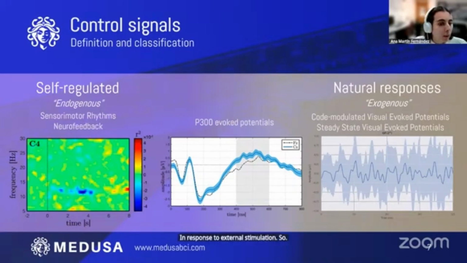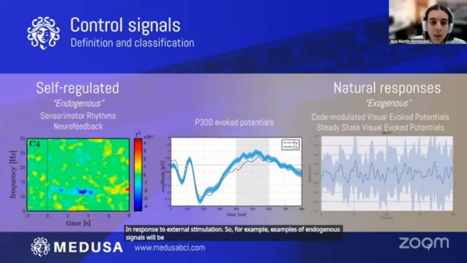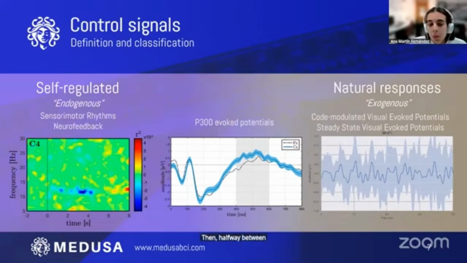Examples of endogenous signals are neurofeedback or sensorimotor rhythms. Then, halfway between both groups, we find P300 evoked potentials, which involve both endogenous and exogenous components.